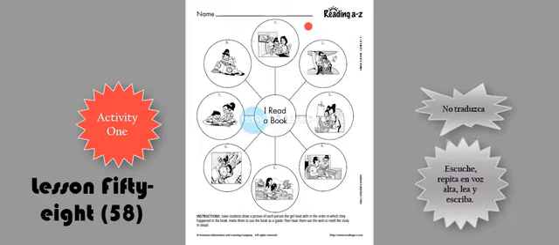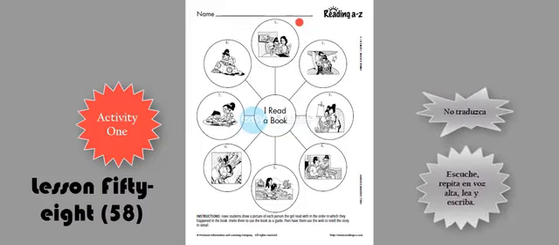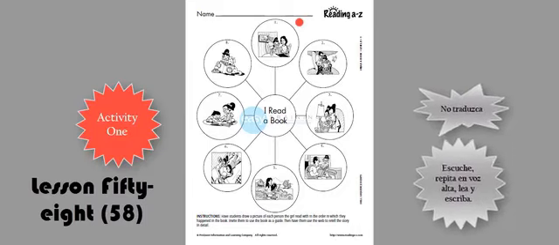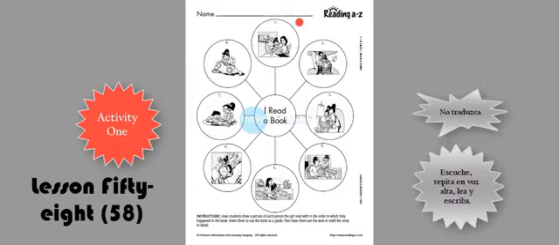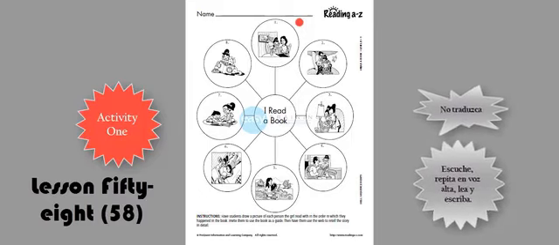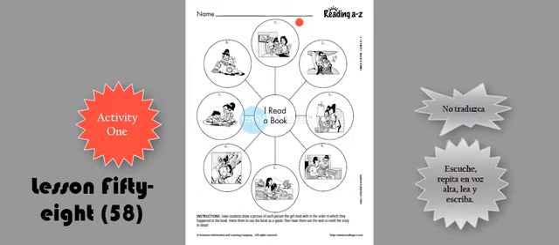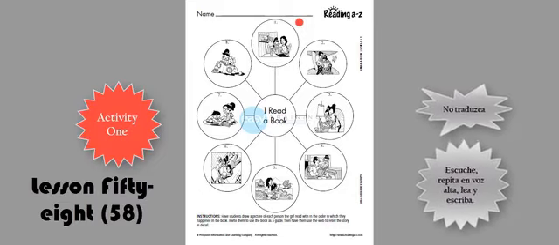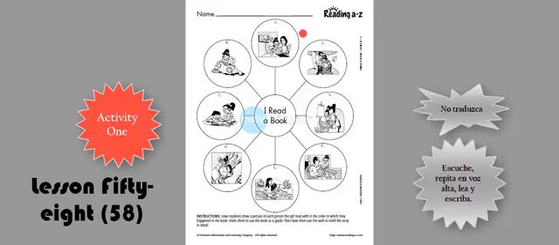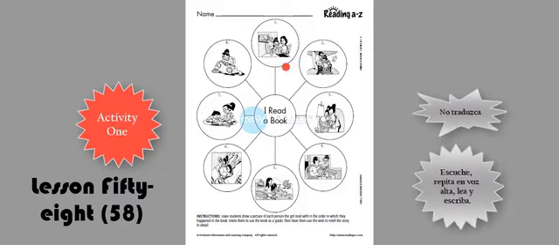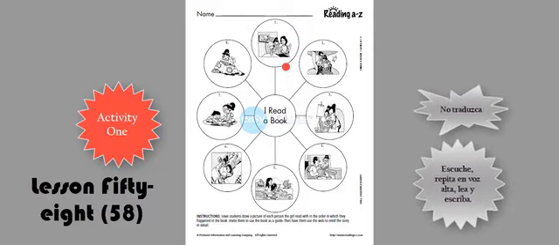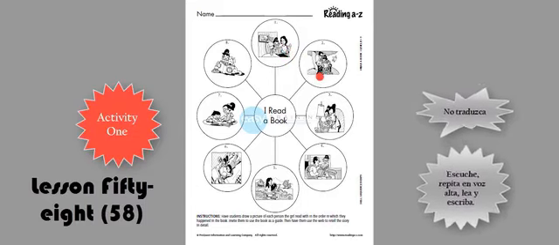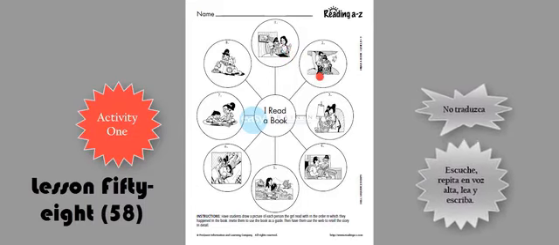Well, you see I have pasted the pictures in the circles to make a web, a picture web. And this web shows who the girl reads the book with, or who the girl reads the book to. In picture 1, you see the girl reading the book with her mom. In picture 2, we have the girl reading the book with her dad.